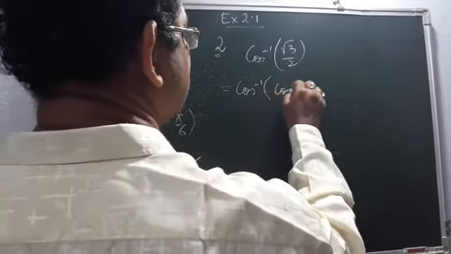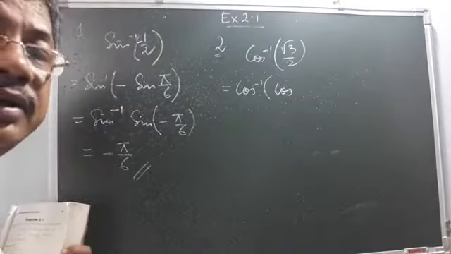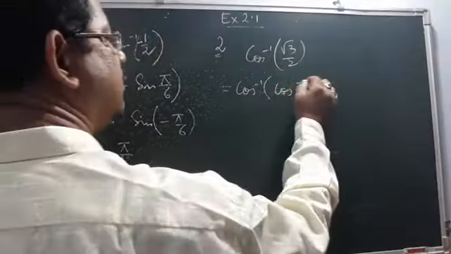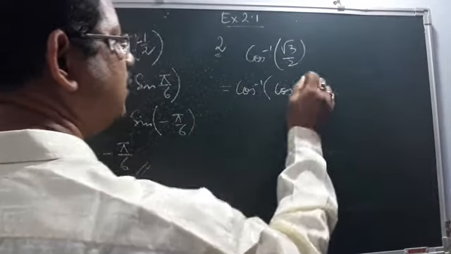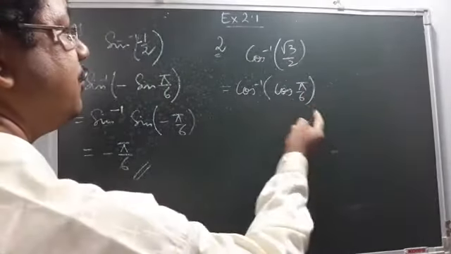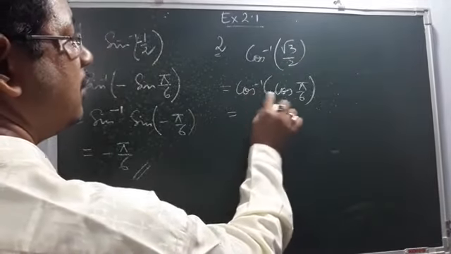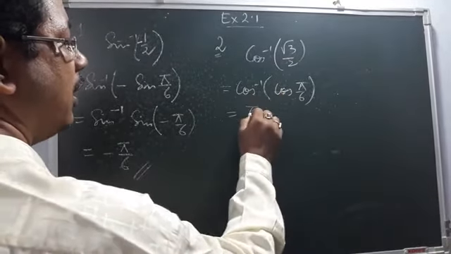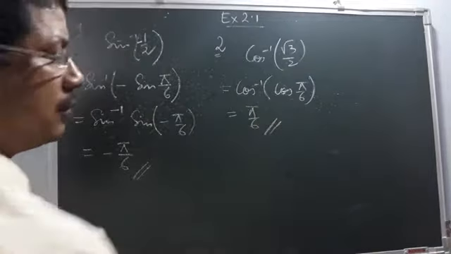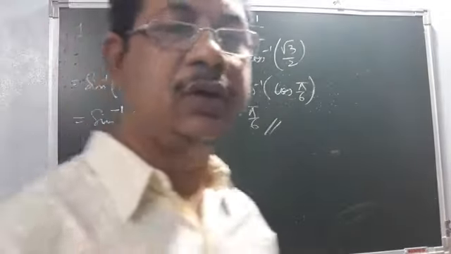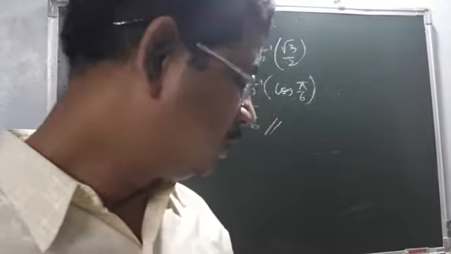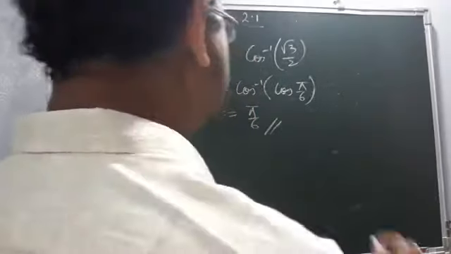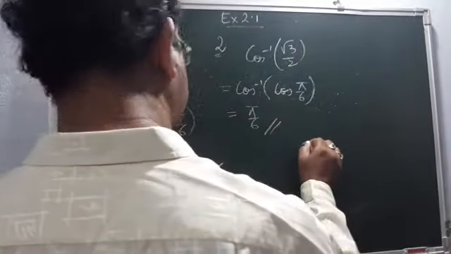We know cos 30 degree is root 3 by 2, that is pi by 6. Then cos and cos inverse, if you put this bracket they will come closer and cancel, and you can write this also.